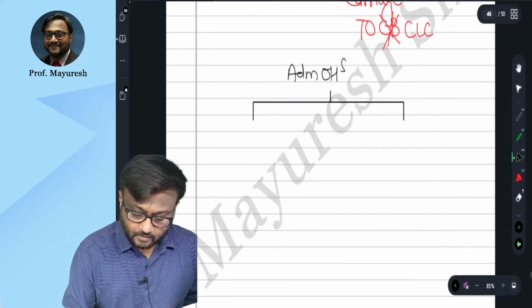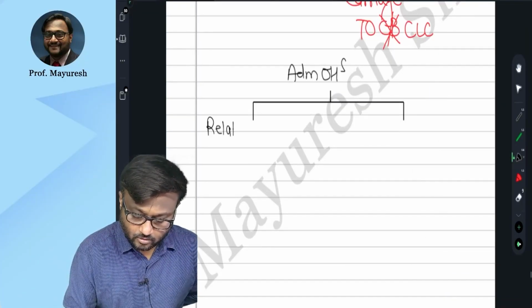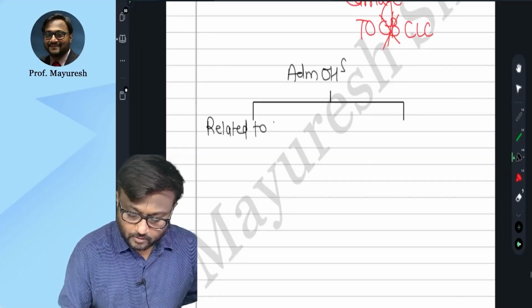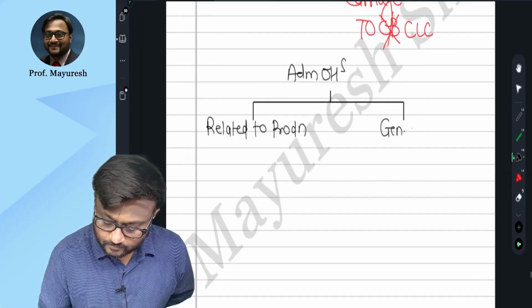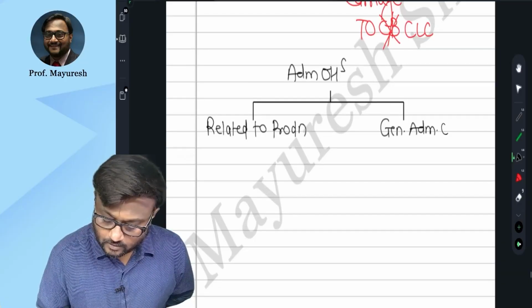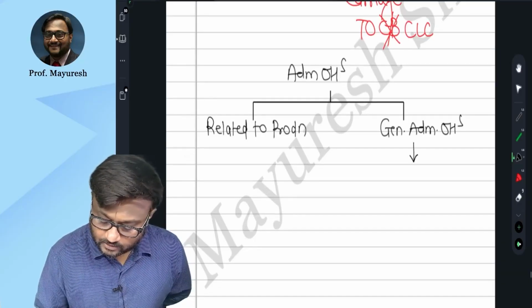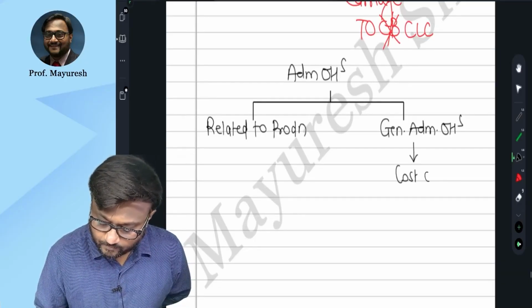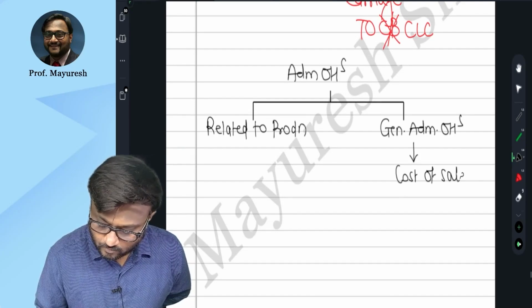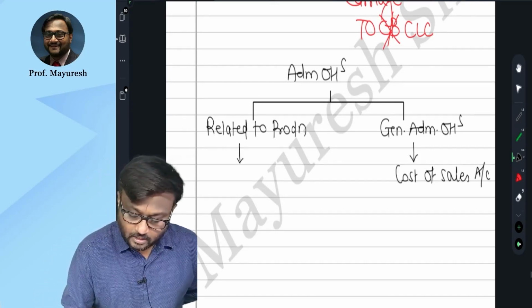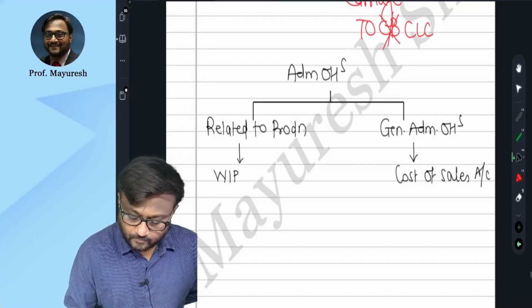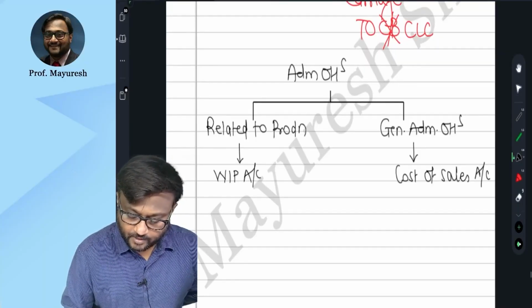Admin related to production and general admin overheads. General admin overhead goes to cost of sales account. Related to production, WIP account.